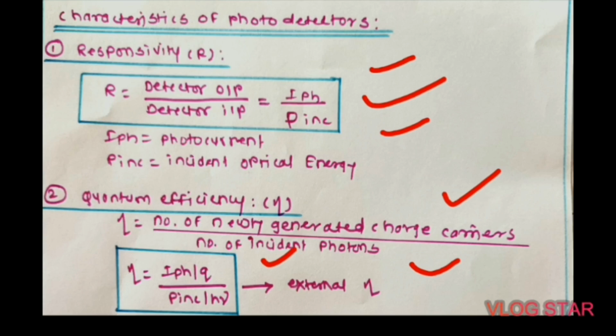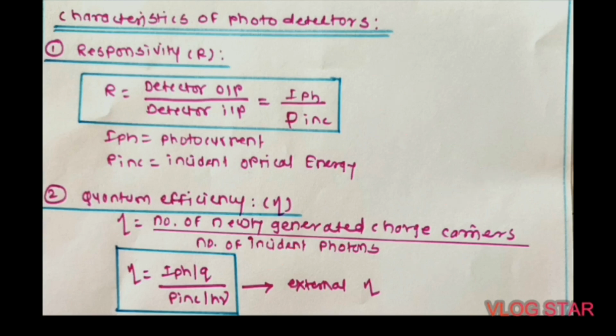Here I_ph is the generated photocurrent, q is the charge of an electron, P_inc is the total incident optical power, and h nu is the energy contained by a photon. This is called external quantum efficiency, denoted by eta of EXT.